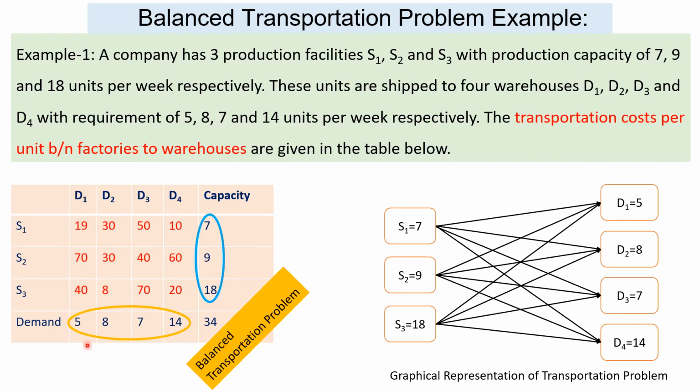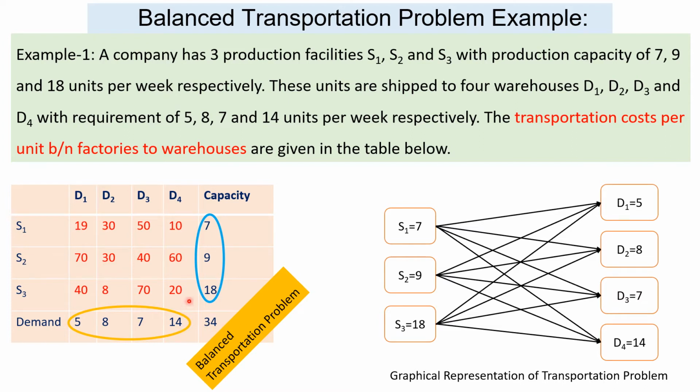For example, D1 requires 5, D2 requires 8, D3 requires 7, and D4 requires 14. Let's add: 5 plus 8, 13, 13 plus 7, 20, 20 plus 14, 34.